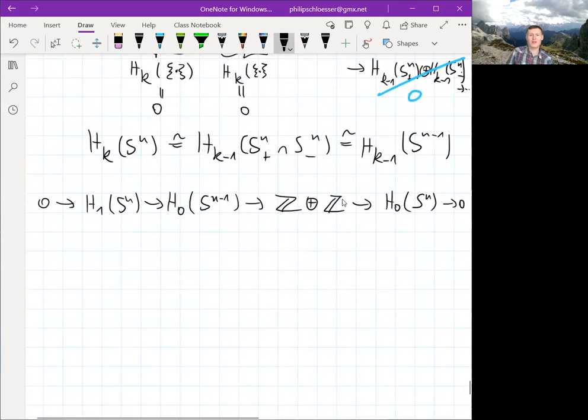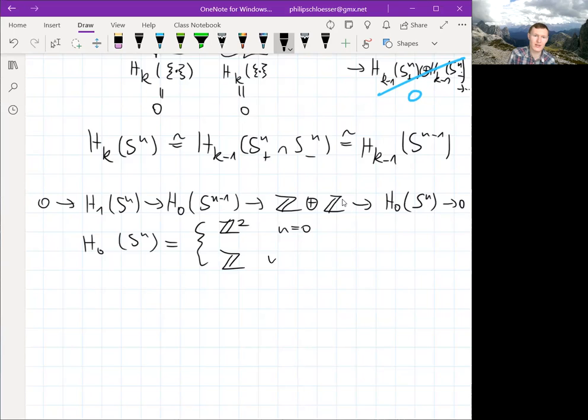It turns out that H0 actually just classifies the connected or the path components. So we can just write down what H0 of the n sphere is. Namely, it is Z squared for n equal to 0 and Z for n bigger than 0.